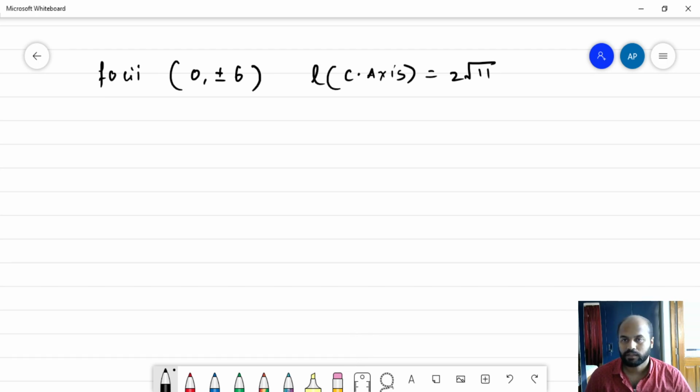Now it's given to us that the foci in this case are 0, plus minus 6, which means ae is equal to 6. And the length of the conjugate axis, that is 2 times b, is equal to 2 root 11, which means that b is root 11.